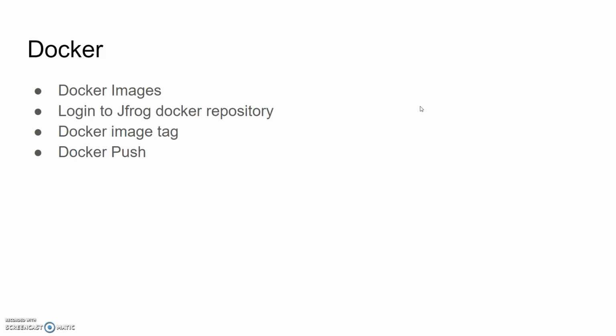So we will play around the Docker images which basically we get from the Docker Hub, and post that we will check the JFrog Docker registry, how we can create the Docker registry, and how we can set up the Docker repository also. Post that we will see the three basic main commands which basically are used for pushing the Docker image from our local system to the JFrog Docker repository.